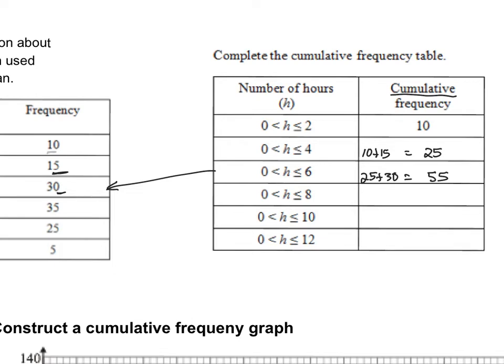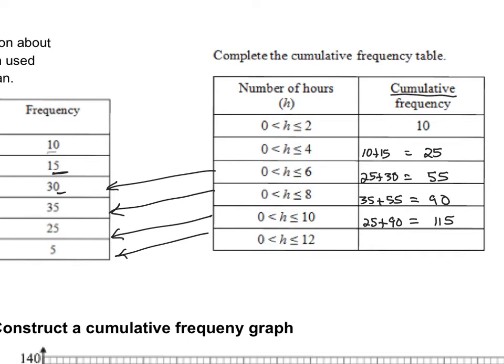So then for this one, I have 35 more. I've accumulated. And that gives me a total of 90. And then for this one, I have 25 more I've accumulated. And that gives me a total of 115 of my children have used the computer up to 10 hours.